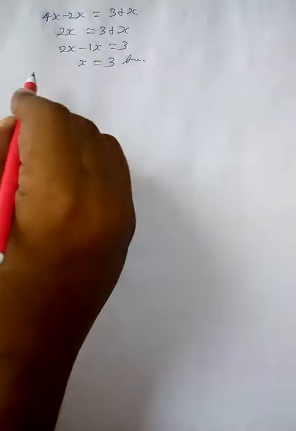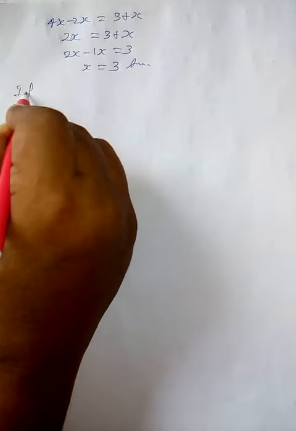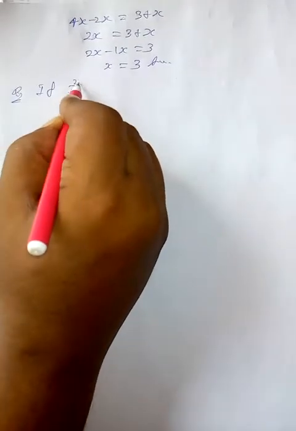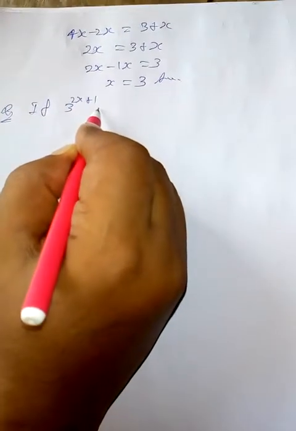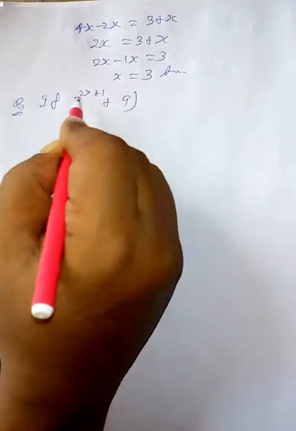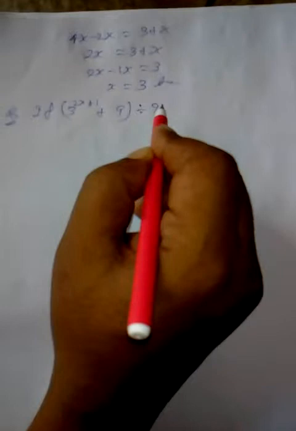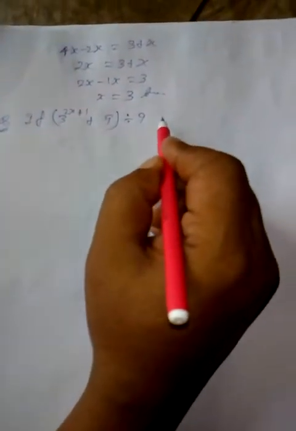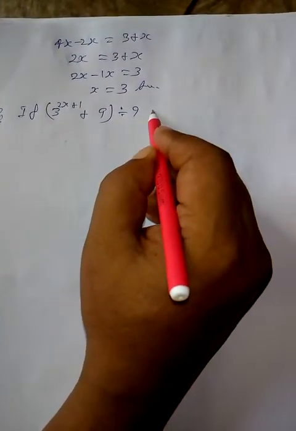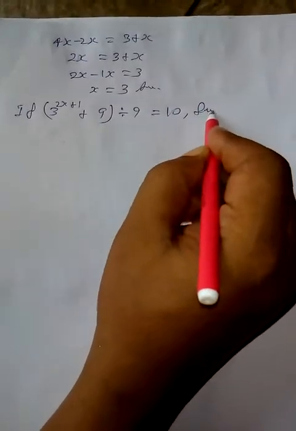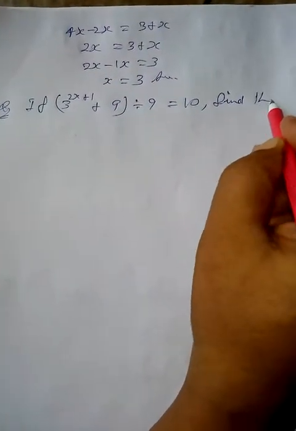Next question I am going to do is, if 3 raised to power 2x plus 1 plus 9, whole divided by 9, is equal to 10, find the value of x.